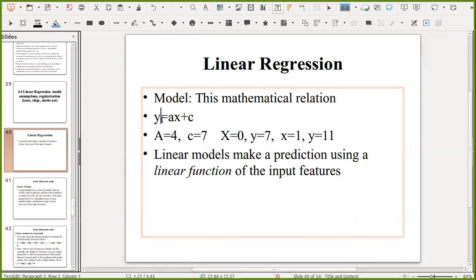So y is my expected output, and x is the set of attributes, or variables, that help me calculate the output y. This equation is the very first, simplest form of machine learning. This is called a linear model.